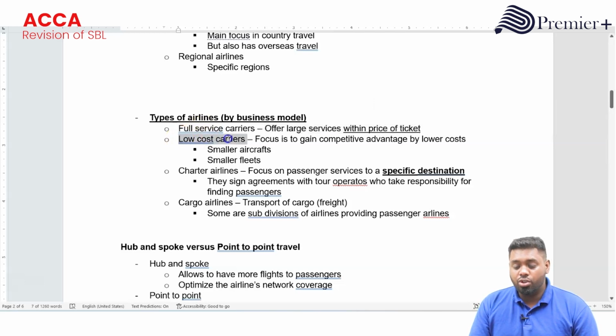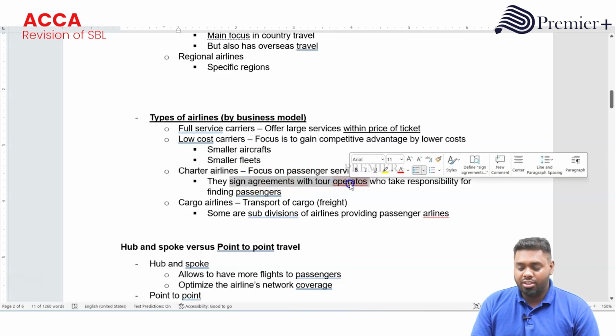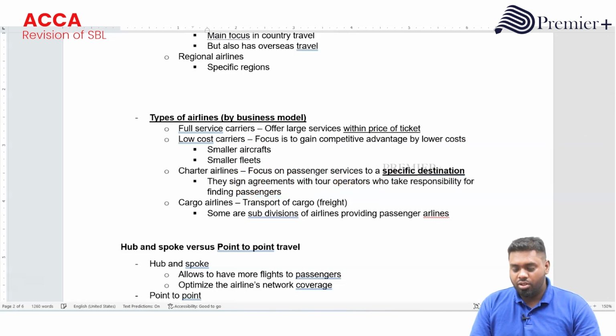And we had low cost carriers. Their focus is to gain competitive advantage by lower costs. So they typically have smaller aircrafts and smaller fleets. Next, charter airlines focus on passenger services to a specific destination. We call this charters. They sign agreements with tour operators who take responsibility for finding passengers.